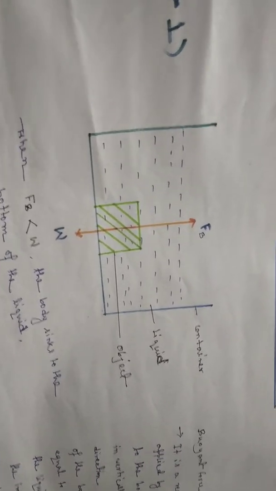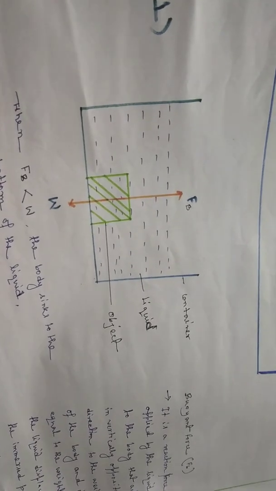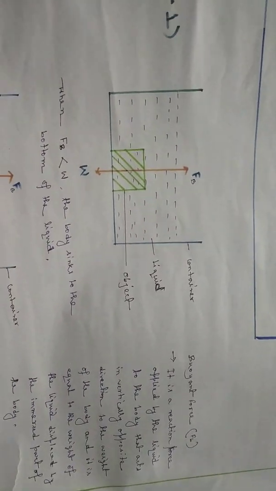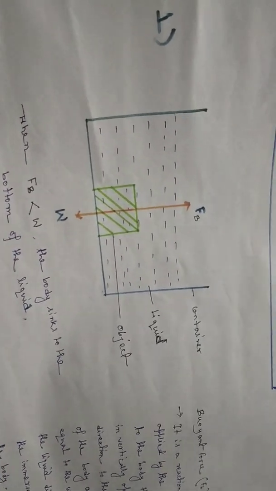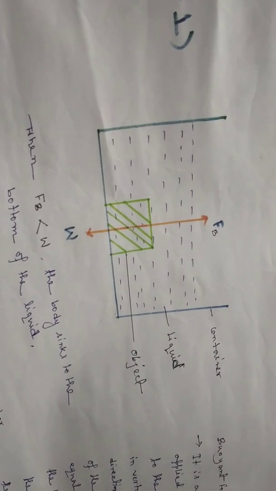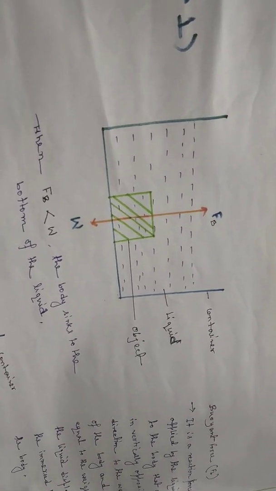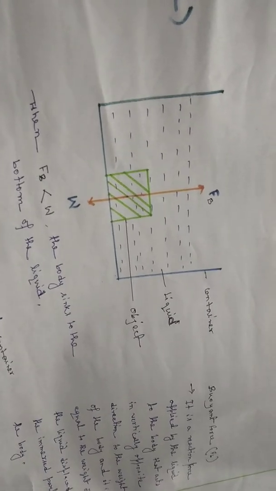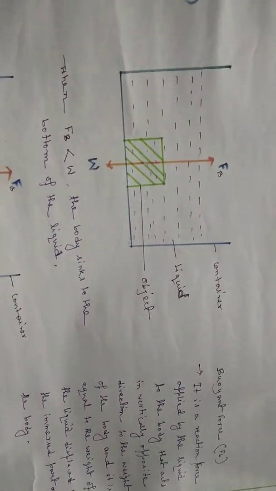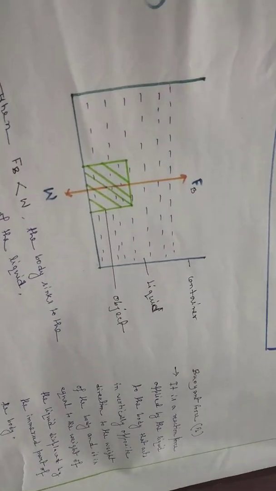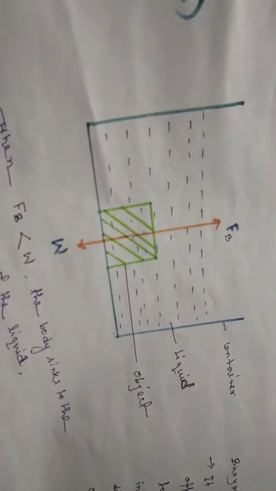If you measure the volume of that displaced liquid and multiply it by its density, you will get the weight of the liquid displaced by the immersed part of the object.